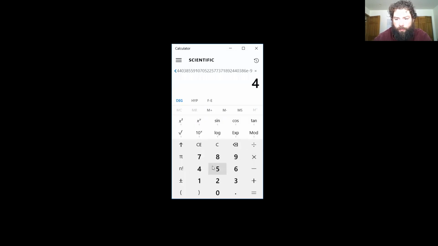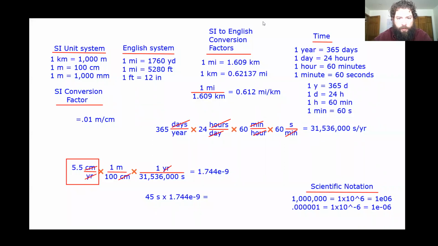So times 45 equals 7.848 e to the negative 8. And that's going to be in meters.